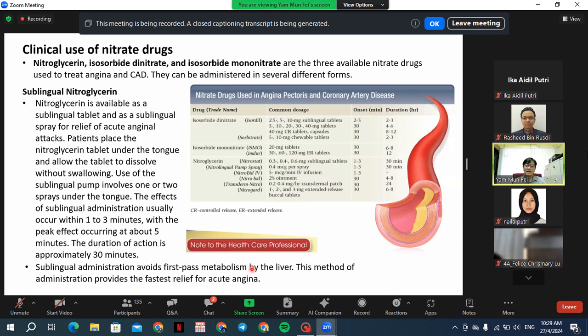During the process of absorption, the metabolism happens. We call it first pass metabolism. So when your drugs undergo first pass metabolism, you will lose the activity if they are metabolized to an inactive form.